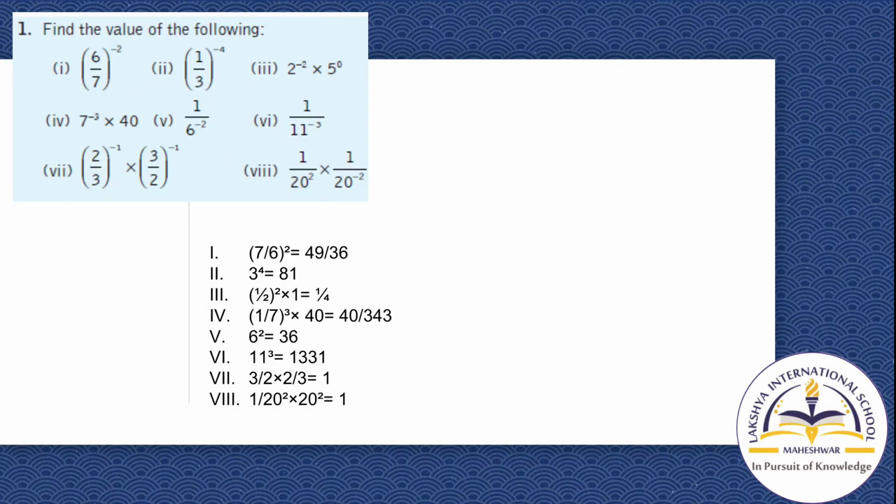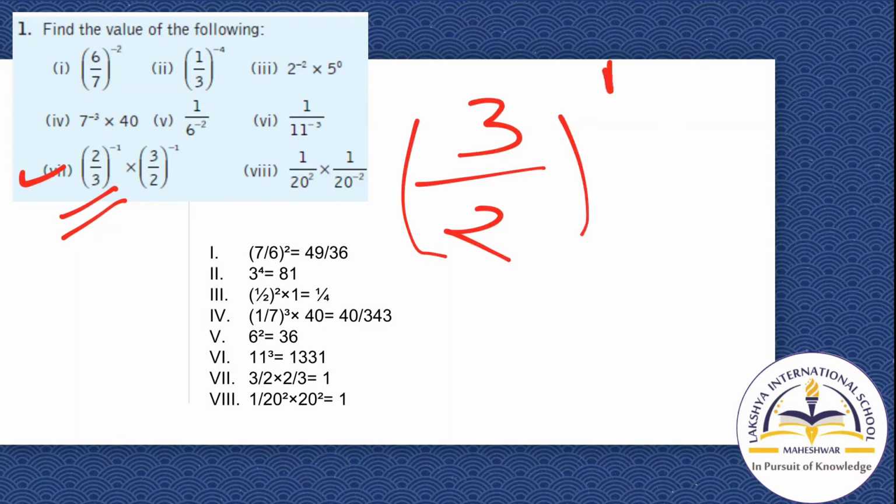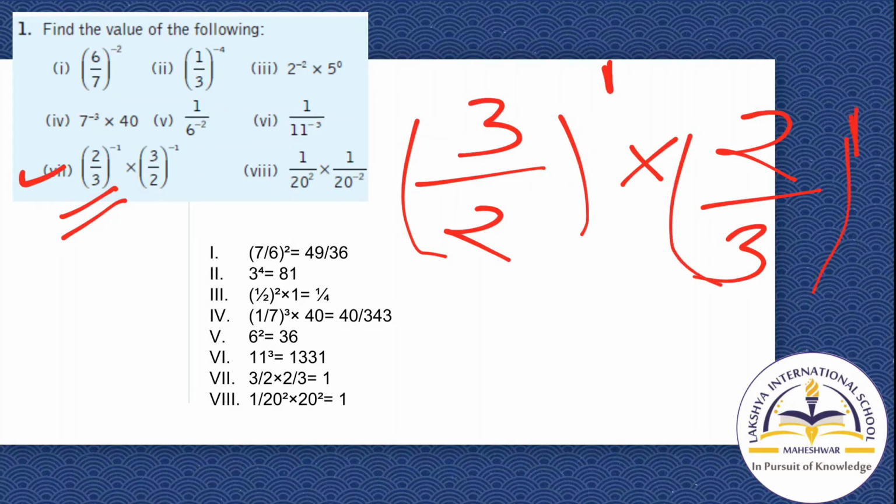Now we will solve question number 7. Now you can see, 3 by 2 to the power 1 multiply 2 by 3 to the power 1.